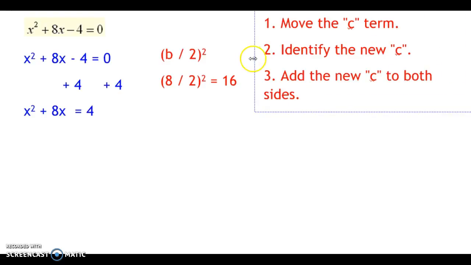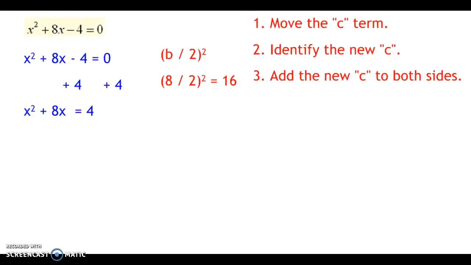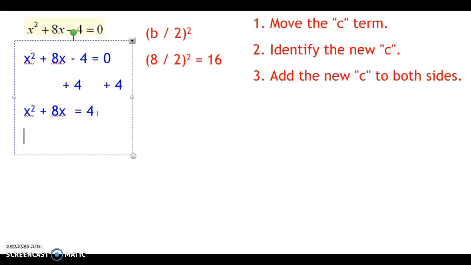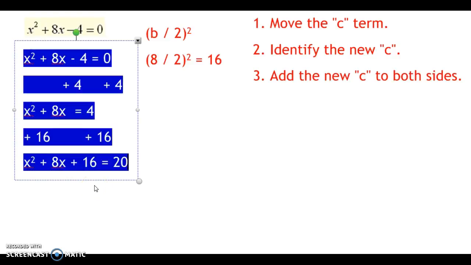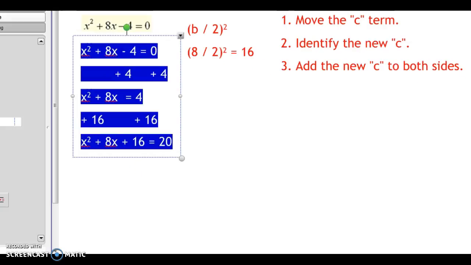I call it installing that new c term, but that's probably just something a weird math teacher would say. So now I'm going to add 16 to both sides. And now you're going to get x squared plus 8x plus 16, which is a beautiful quadratic equation, plus 16 is equal to 20. Later on, you're going to see that this makes it a little bit messy, the 20 on that left-hand side. But, well, you'll see it in a moment.